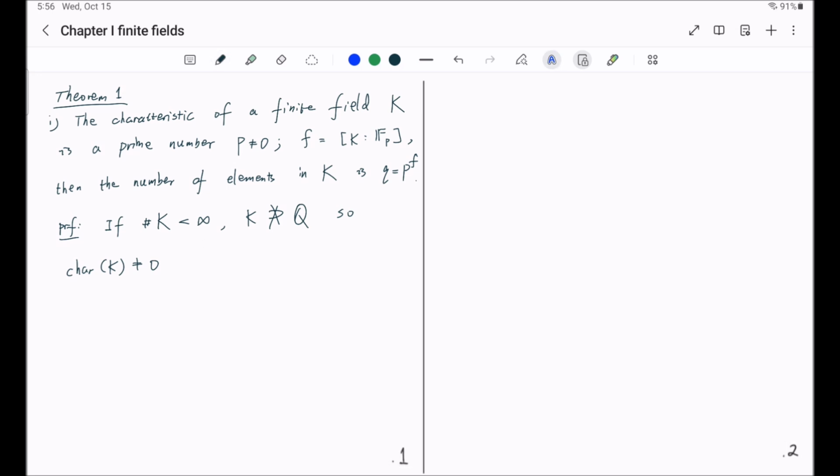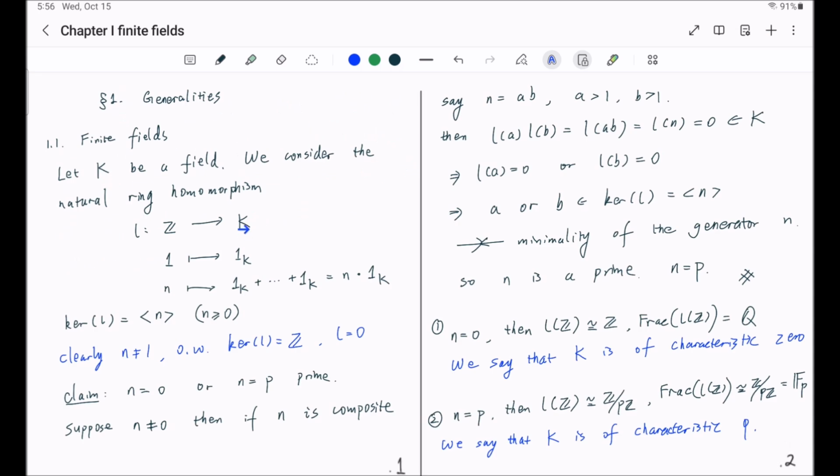Remember, this is based on our discussion at the beginning. If K is finite, then it cannot contain a copy of rational numbers, and therefore the characteristic cannot be equal to 0. And hence, we must get the second case, that the characteristic must be equal to p.